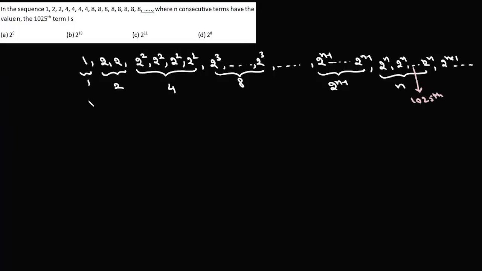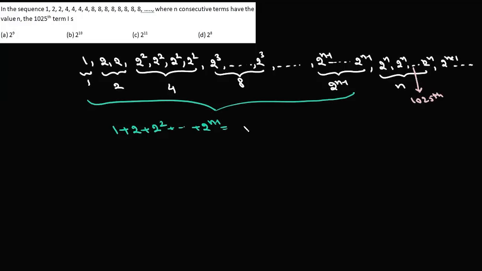Now we know that the number of terms from 1 to 2 to the power n minus 1 will be given by this GP: 1 plus 2 plus 2 square up to 2 to the power of n minus 1. So it will be a into r to the power n minus 1 upon r minus 1. So it will be 2 to the power of n minus 1.